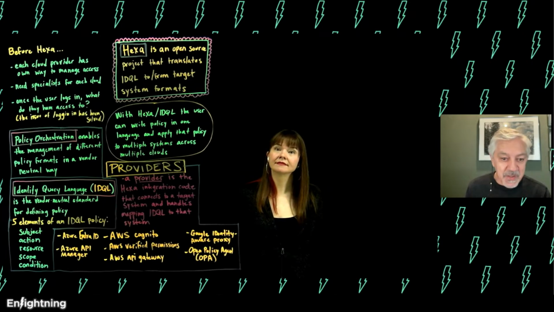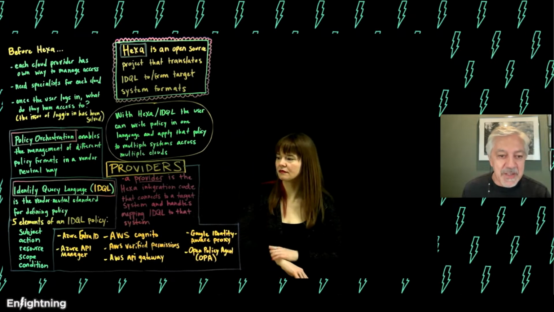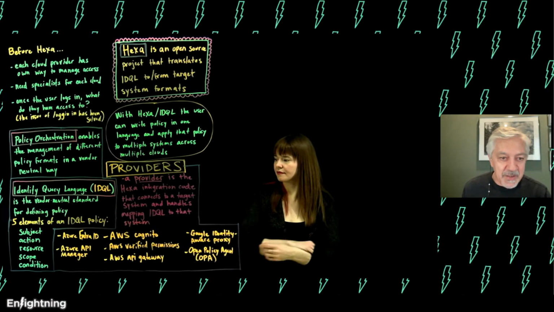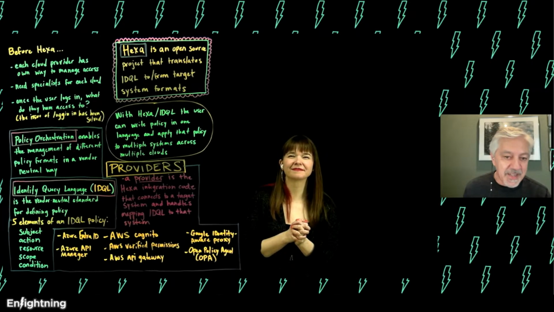Inconsistent access across systems, and they're trying to find better, more efficient ways to manage that. So that's why they're coming to us and learning more about Hexa and thinking about, okay, how can we use this? Is this a model that will really work for us? And that's the stage that we're in right now.